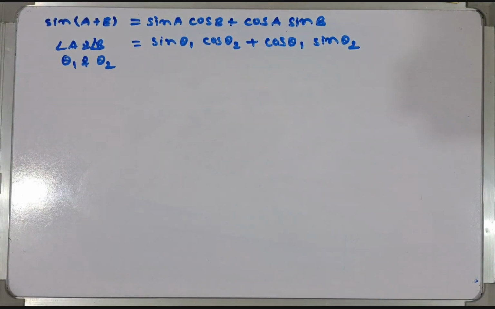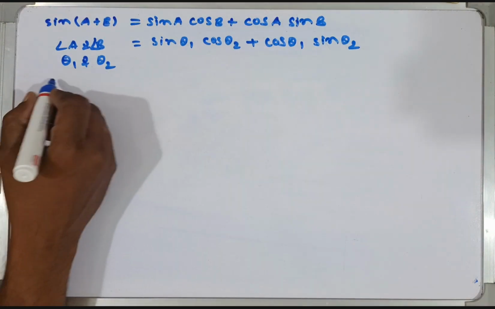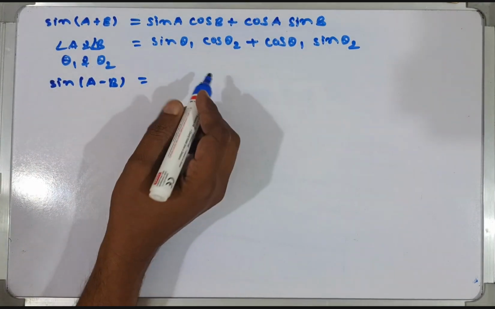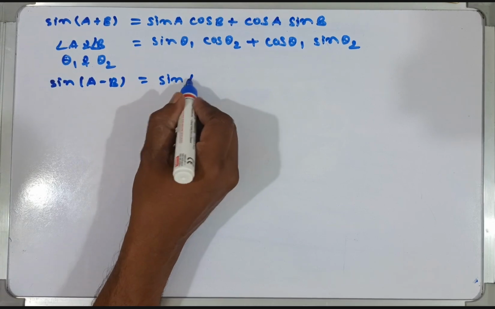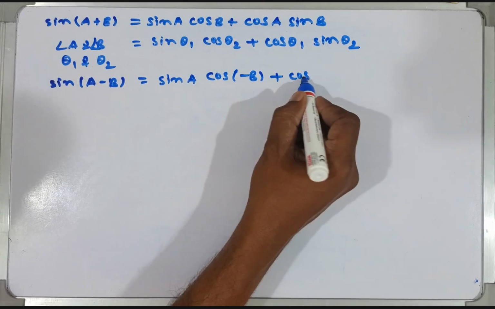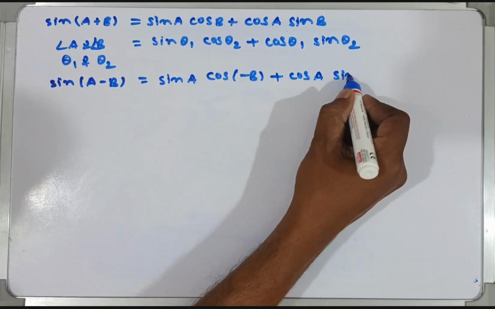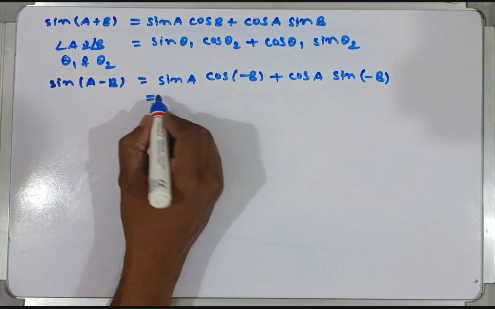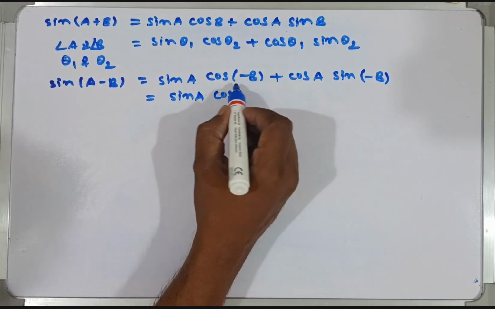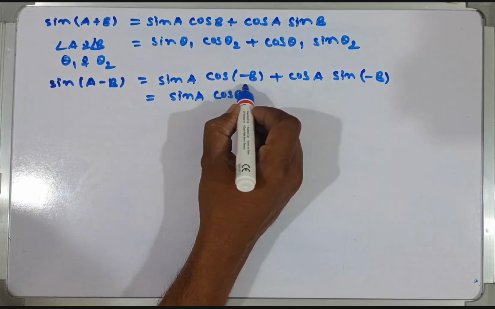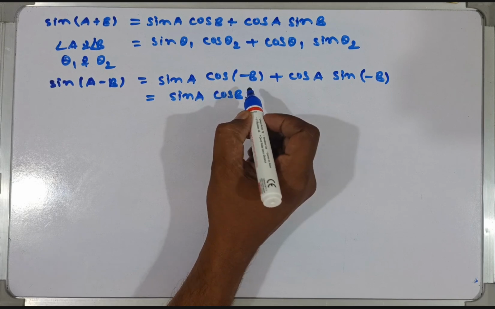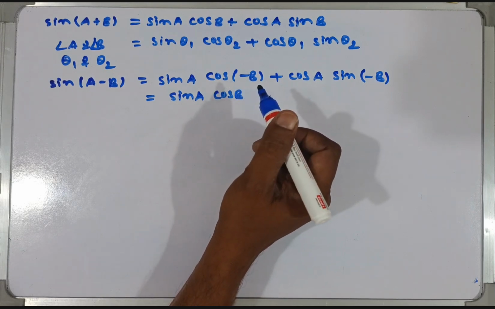When we have to write sine of a minus b, we write sine a cos of minus b plus cos a sine of minus b. Minus b is coming in which quadrant? We assume it is the fourth quadrant.